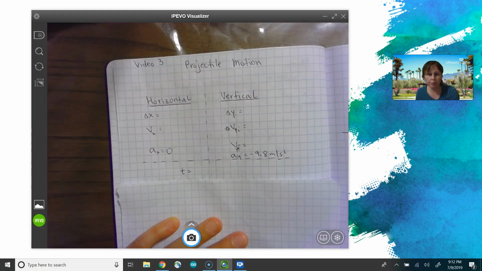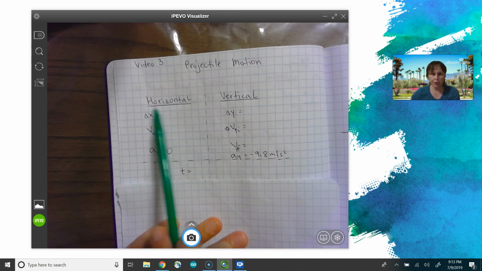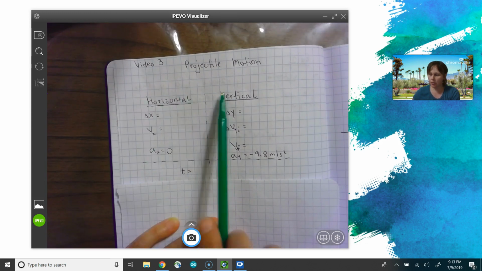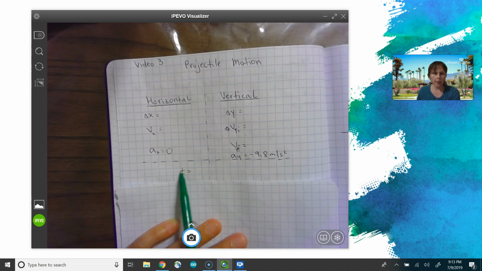Let's look at the projectile motion table that we're going to use for solving problems. We'll be dividing the page into horizontal and vertical components. We will have a vertical dotted line in between, and a horizontal dotted line underneath, and the time t will be written under the horizontal line.